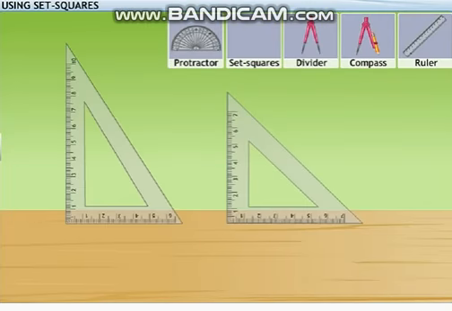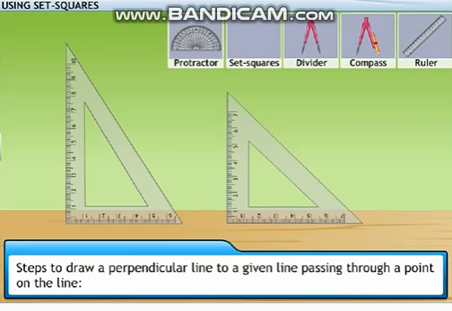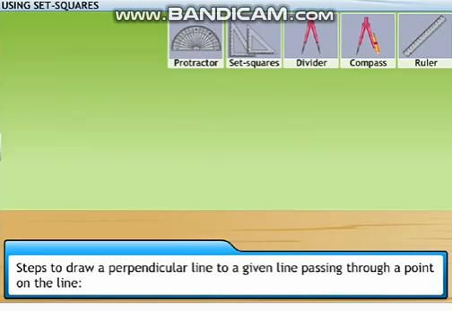Next, we'll see how we can use set squares to draw perpendicular lines and parallel lines. First, we'll draw a perpendicular line to a given line at a point on the line. Here, L is a line and A is a point on it.